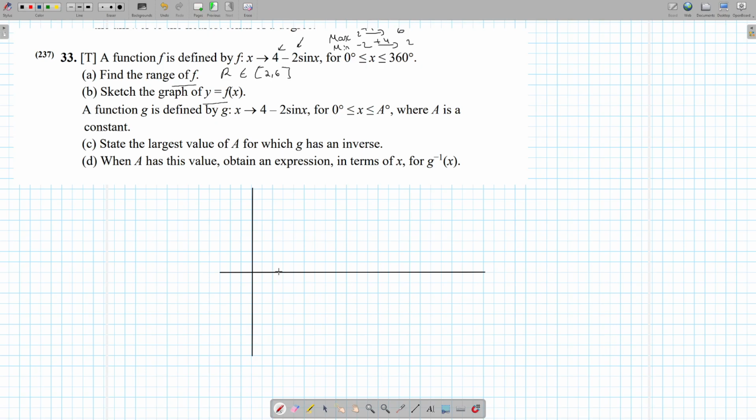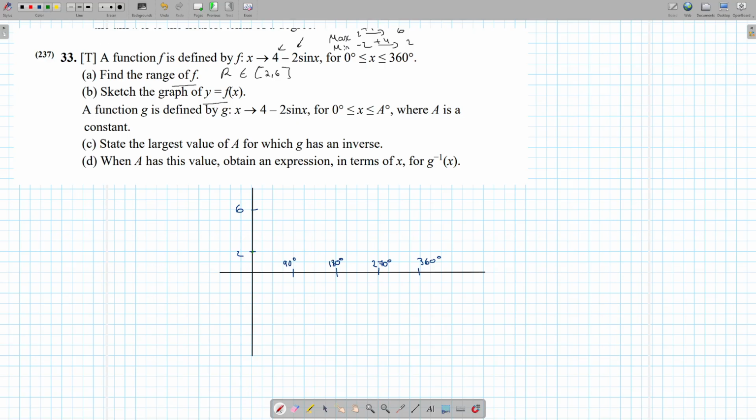Over here, we're going to take 4 squares for 90 degrees as usual, 2 for 180 degrees, 2 for 270 degrees, 2 for 360 degrees. Max is 6, so you can take 2 for 6, and the min is 2. It's going to look like this.